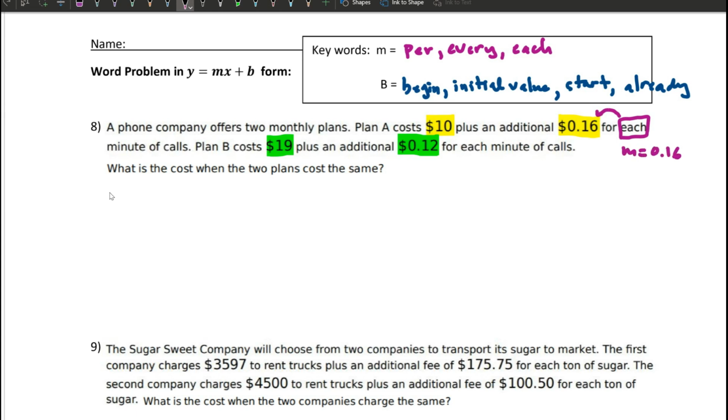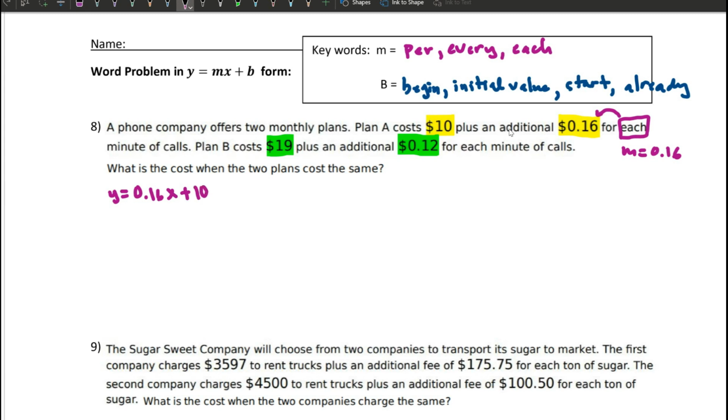Okay, so we have y equal to mx plus b. In this case, your slope is 0.16, x plus the beginning, the one-time payment, is $10.